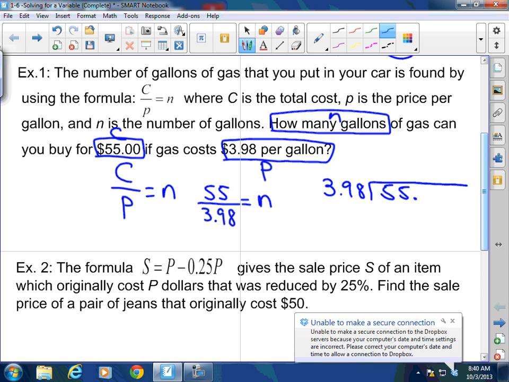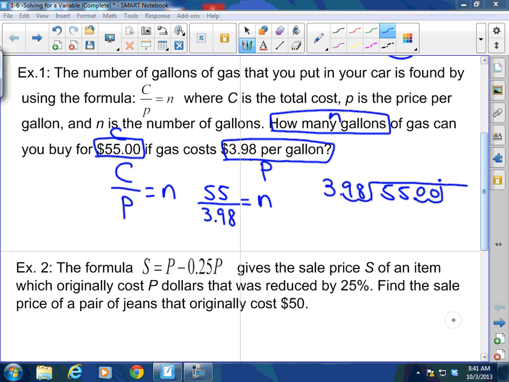Remember the decimal here at the end. How many times does 398 go into 550? One time. So that's 398. Drop down the 0. Borrow, that's 14, that's going to be 5, and you had to borrow from here as well, so that's 1.